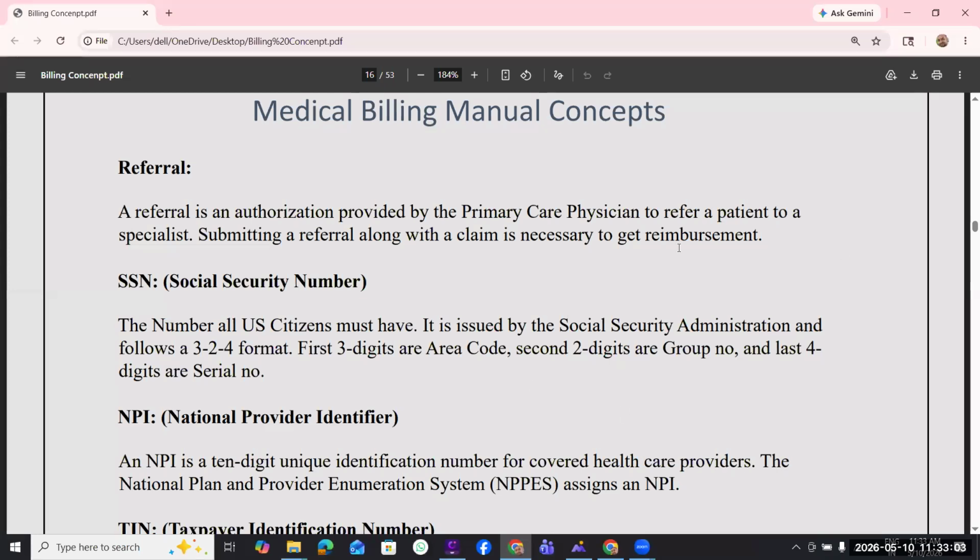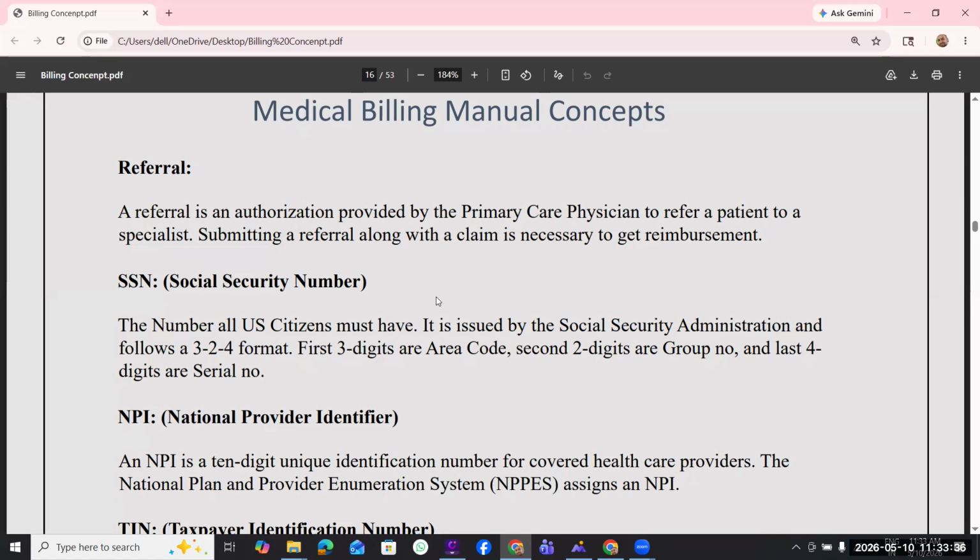So let's start this. In the last video we discussed the referral. What is a referral? A referral is an authorization by the primary care physician to refer a patient to a specialist. For example, one physician is treating a patient and the patient is not getting benefit, or he wants more care from a specialty, so at that time he sends the patient to another physician, and that physician accepts the referral and starts the treatment or patient care.